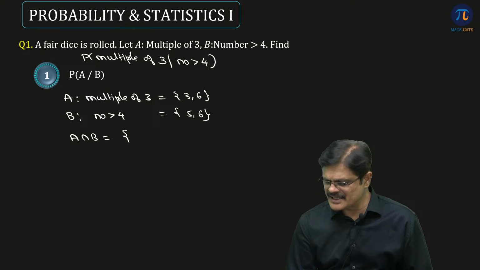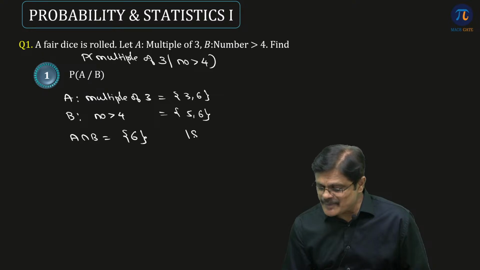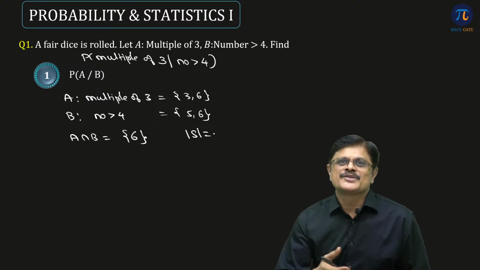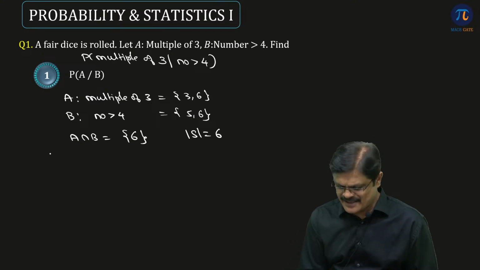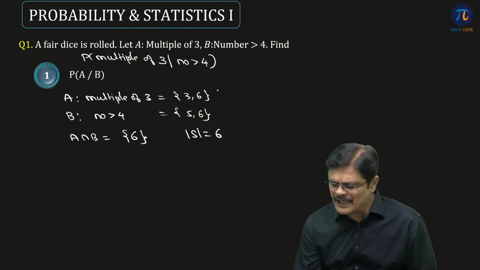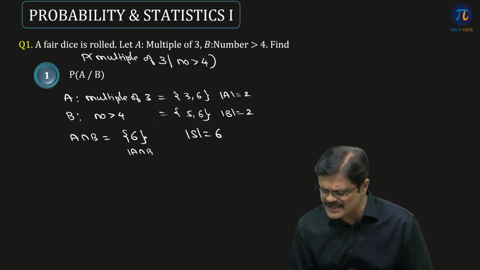Common: 3, 6 and 5, 6, intersection is 6. Now, for the original problem, what is the sample space? When the dice is rolled, 6 outcomes are possible. So the number of elements in the sample space is 6. A has 2 elements, B has 2 elements, and A intersection B has 1 element.